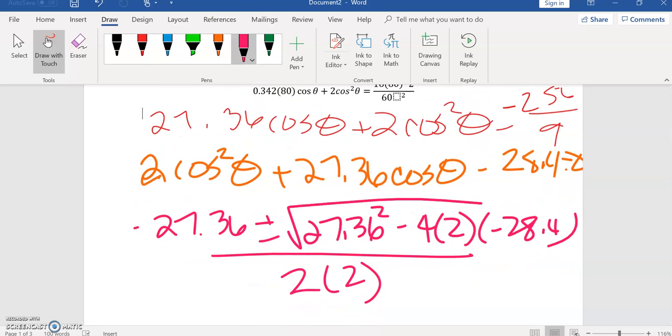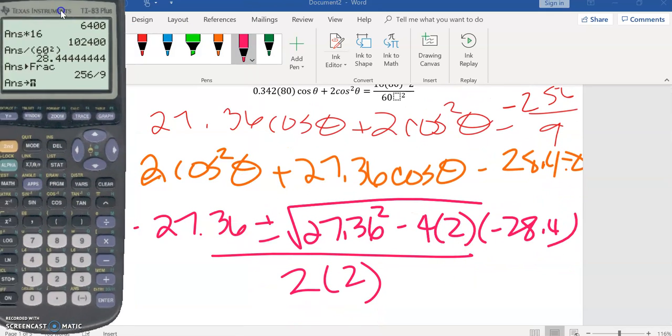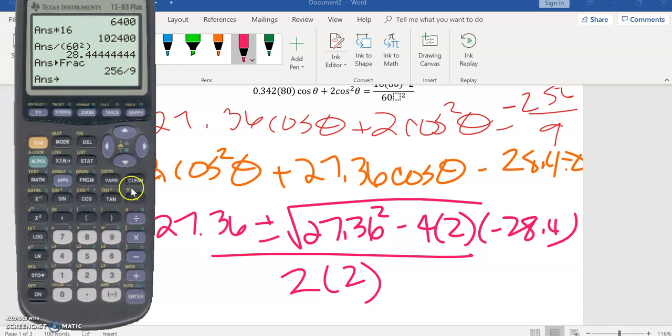Now I'm going to get out my calculator and do the math. First I'm going to figure out what's under the square root. It's 27.36 squared plus, because the two negatives cancel each other out, 8 times 28.44.